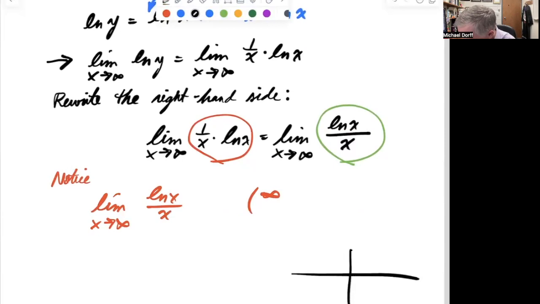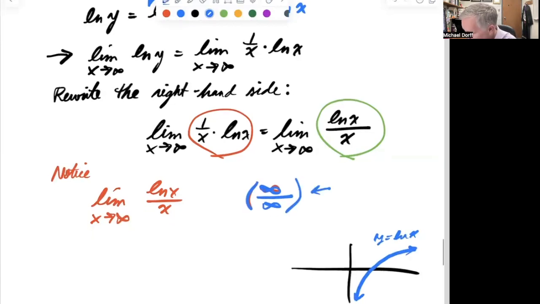Because the graph of the natural log of x, remember, looks like this. There's y equals natural log of x. And as x is getting larger, the y value of the graph is getting larger and larger. So as x gets large, we get infinity. So we have infinity over infinity.